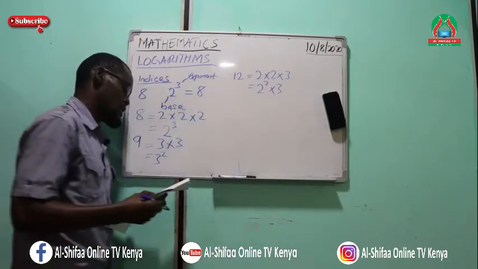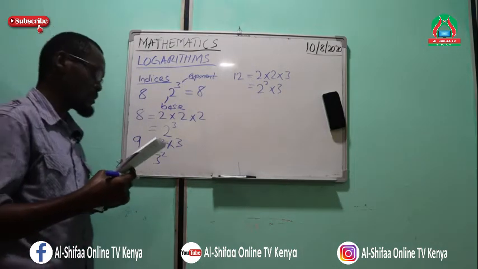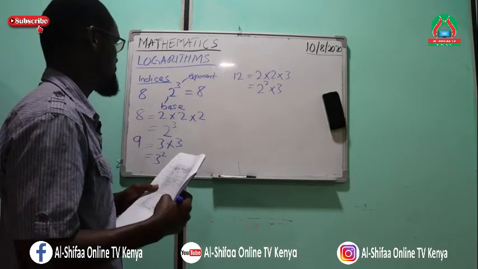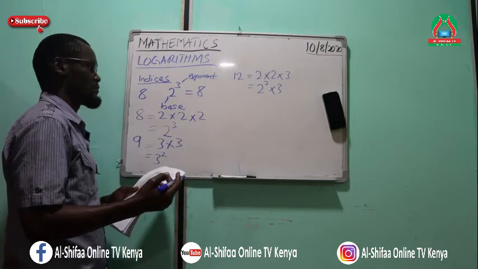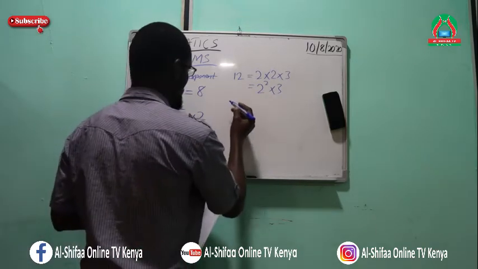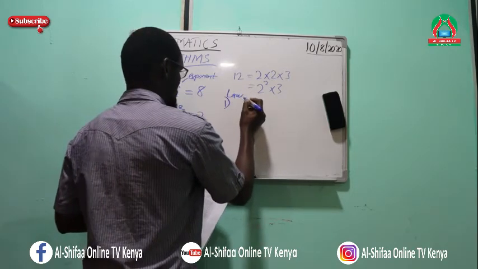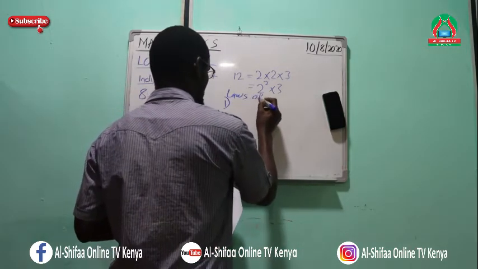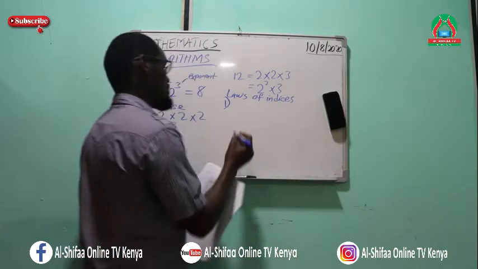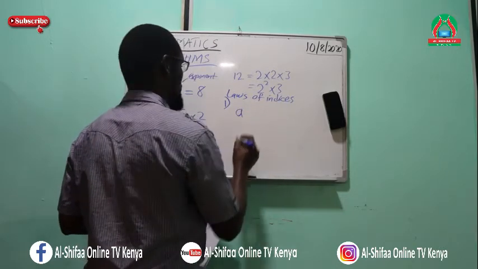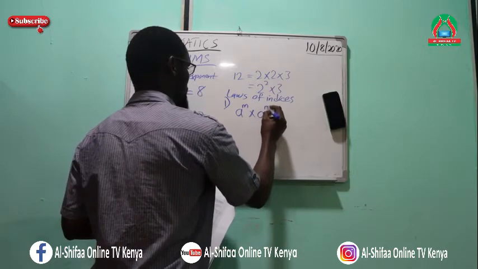So these are index representations of numbers. In the laws of indices, we have, first, when numbers of the same base multiply: a power m multiplied by a power n.